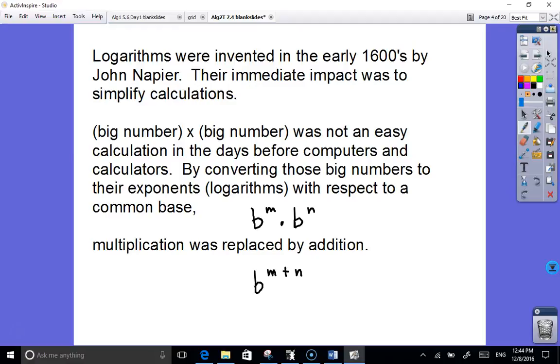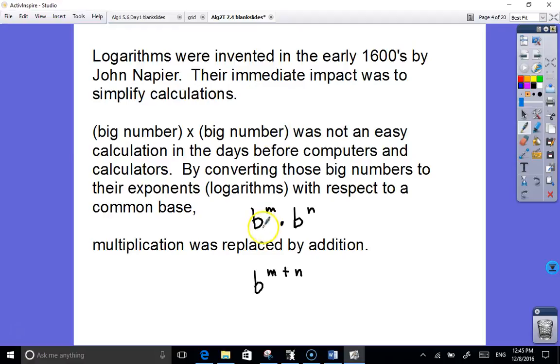But by converting these numbers to their exponents with respect to a given base, the exponents are the logarithms, then you simplify the calculation. Like, for example, if my first big number, whatever it is, I could write it as some base, some number raised to a power. And then I could represent the other number as the same base raised to a different power.